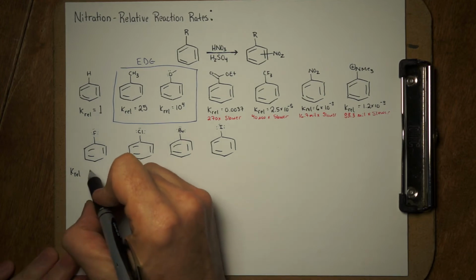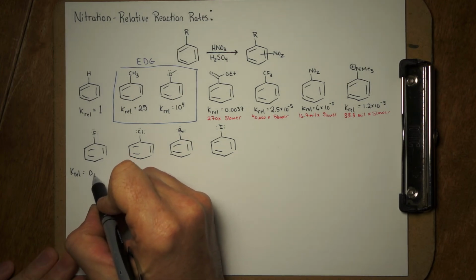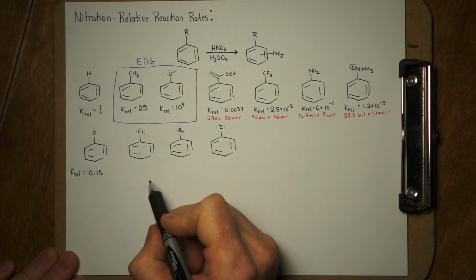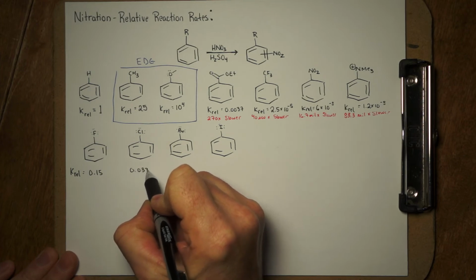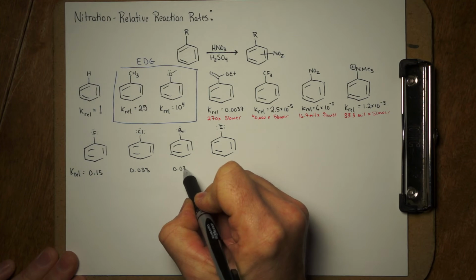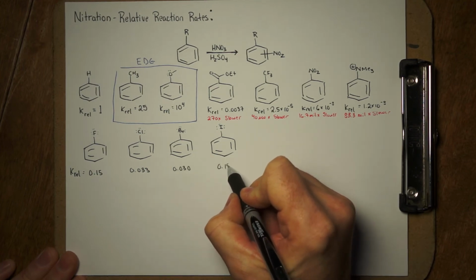So in the case of fluorine, the relative reaction rate is 0.15, right? In the case of chlorine, 0.033, bromine 0.030, and iodine 0.18.